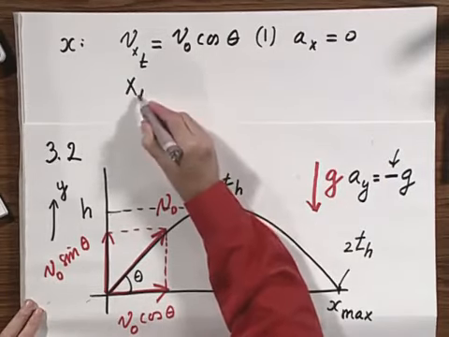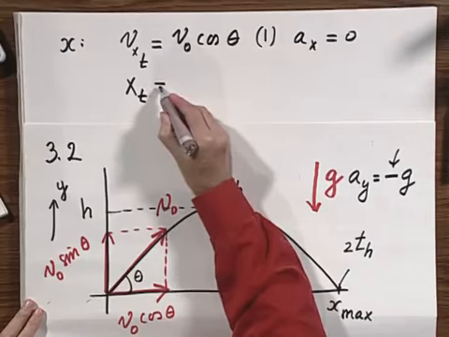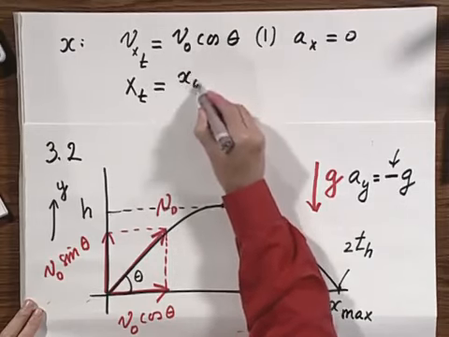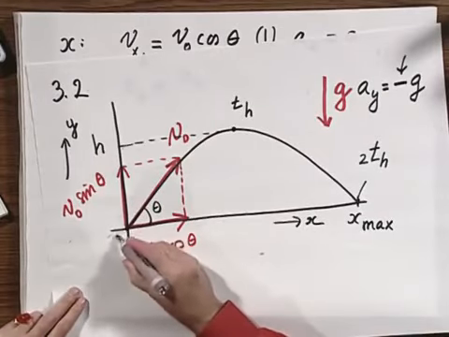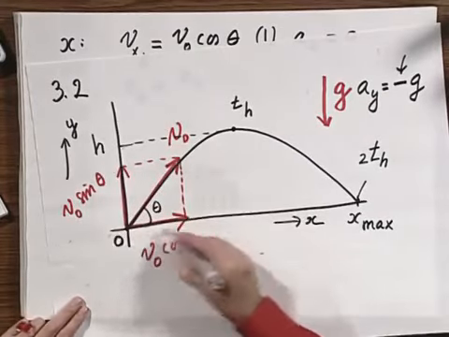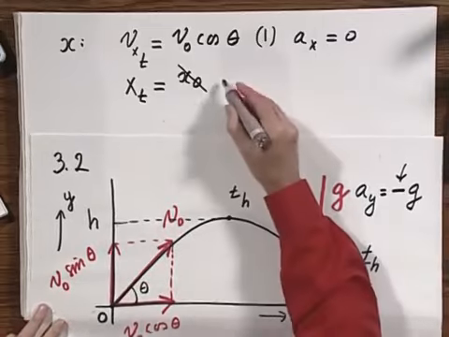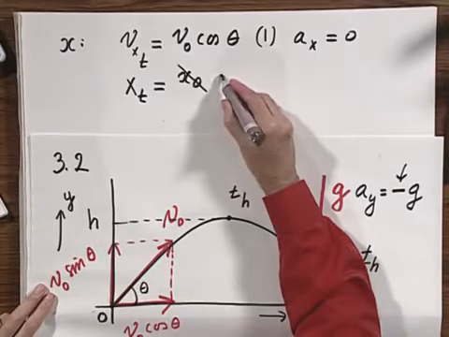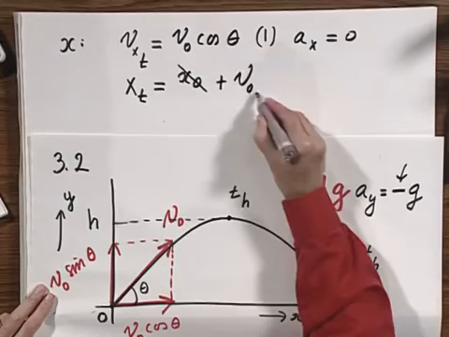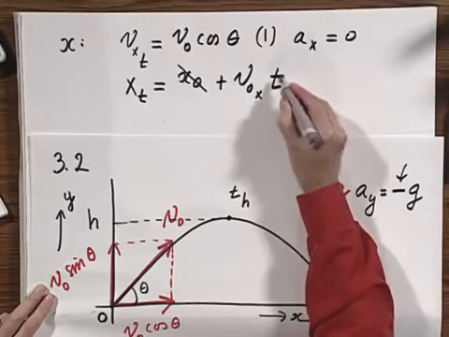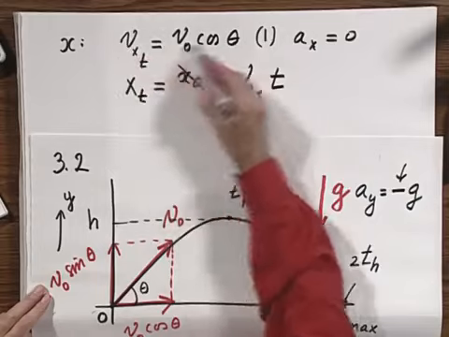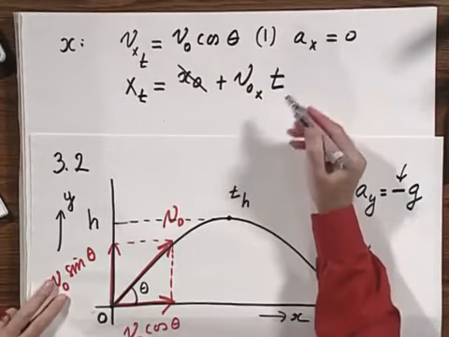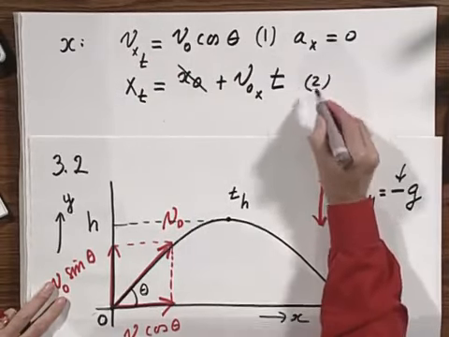The position in the x direction at any moment in time equals x0, which I will conveniently choose 0, so I choose this origin here 0, both for y and for x, plus v0 in the x direction times t. But the v0, v at time t equals 0, is the v at any time in the x direction. So that's equation number 2.